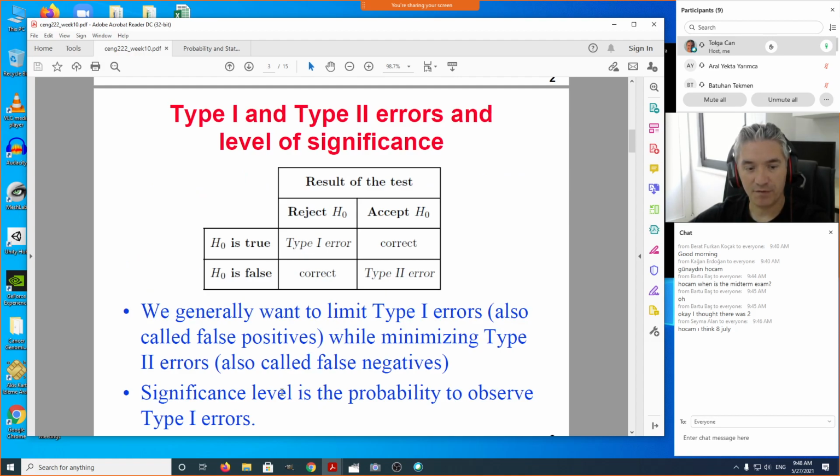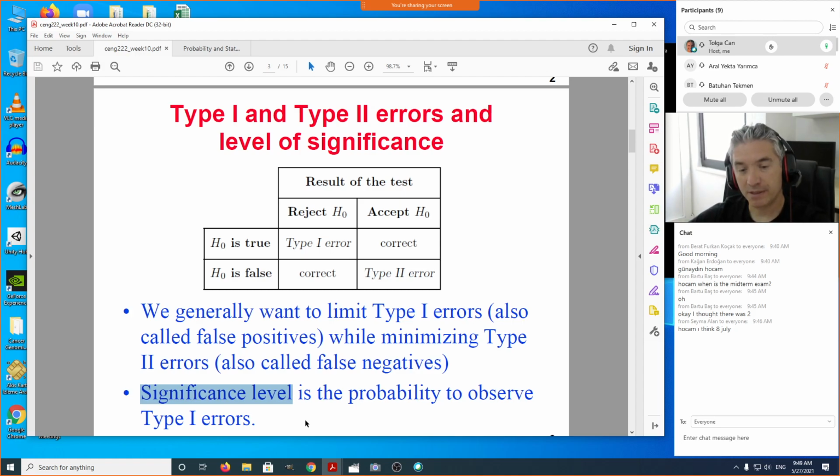So the level of significance, alpha, which we also use in confidence intervals, is called the significance level, and it's also the probability of observing type 1 errors. Since it's a sample, there is always going to be a certain chance of making an error.